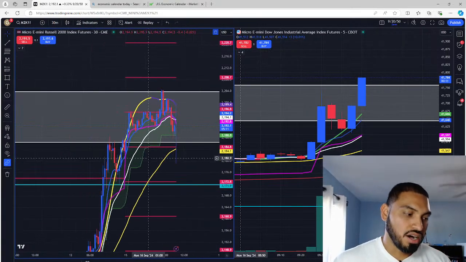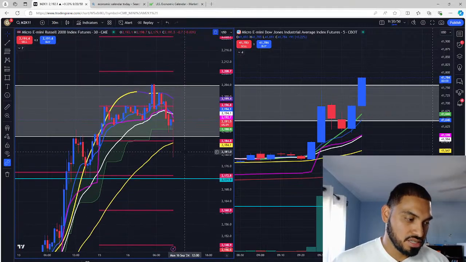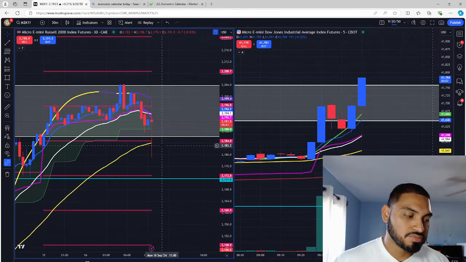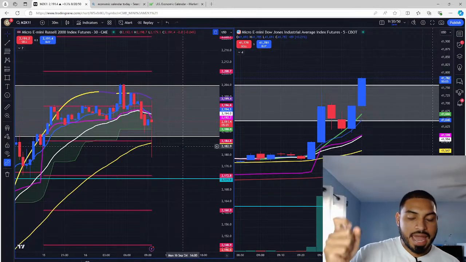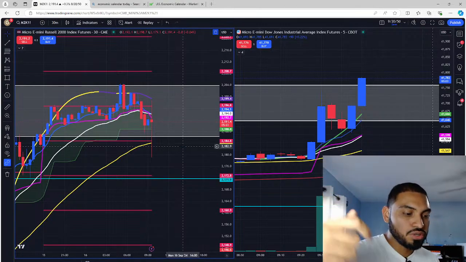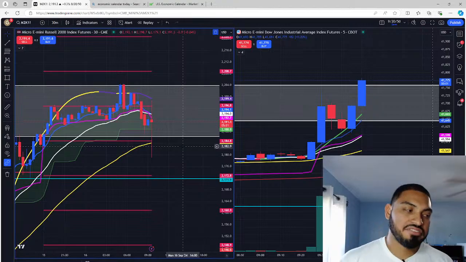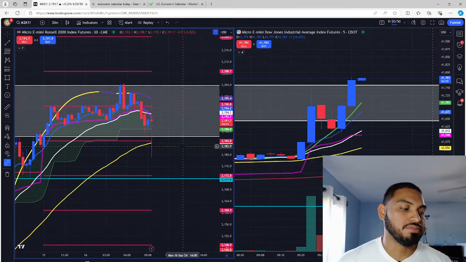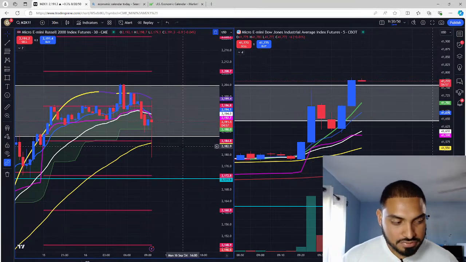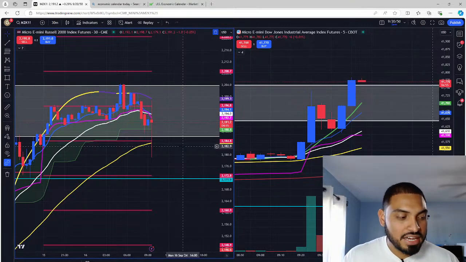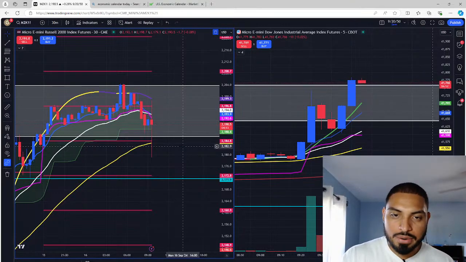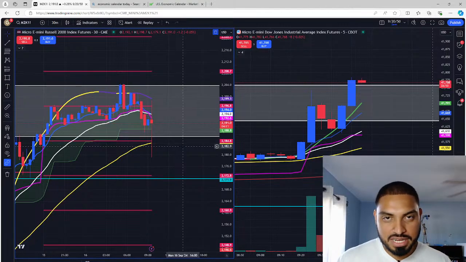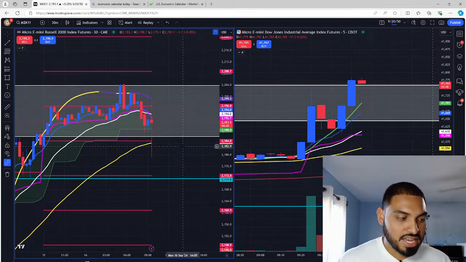We held on that 50 MA, and we're coming on back. So what kept us going to go down was that 50 MA on the 30 minute. So when I'm intraday trading, I pay attention to 1 hour, 30 minute, 15 minute, 5 minute, 2 minute. And I look at the different time frames.